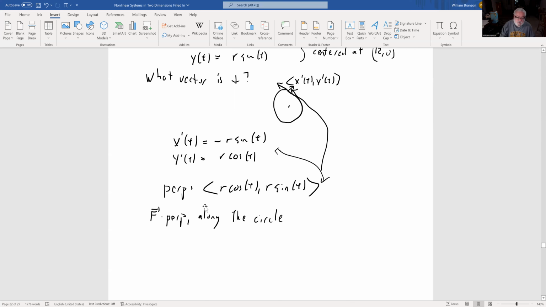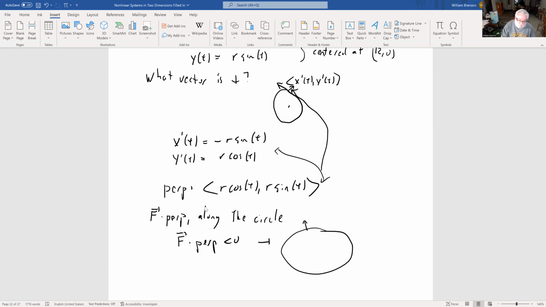And if that is always less than 0, that implies that here's our circle, right? If that's the perpendicular vector, if the f dot perpendicular is less than 0, then that means my function has to be pointing inside. In fact, the vectors are pointing inside everywhere on this circle. And what that means is, of course, once you go into the circle, you can't come back out. You have to go to the equilibrium that's inside there.